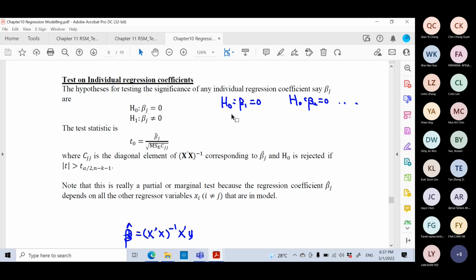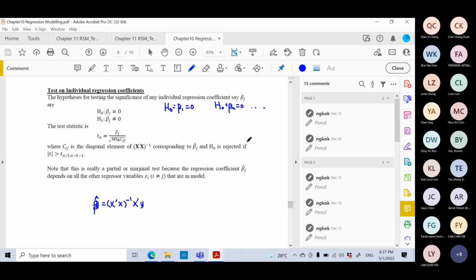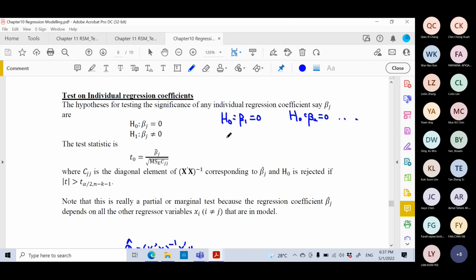This whole thing is equal to beta j hat divided by what is called the standard error of beta.